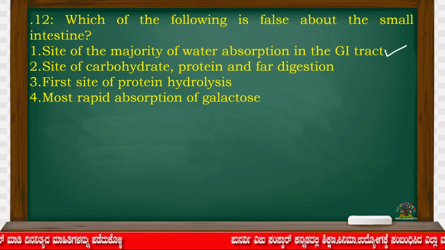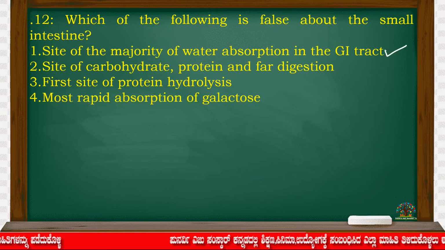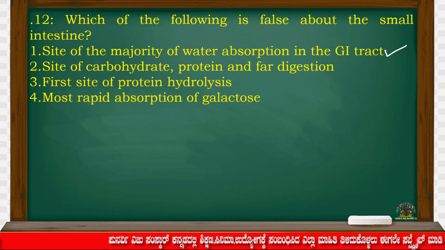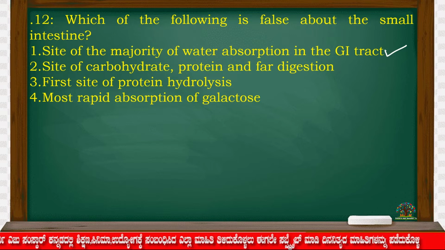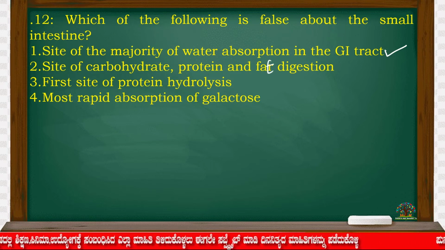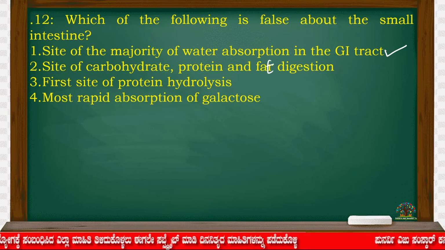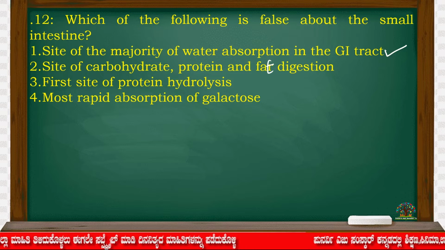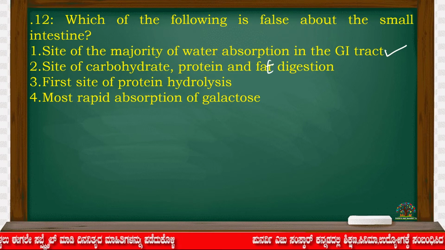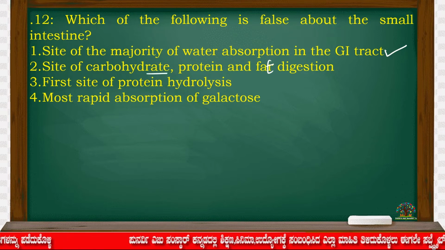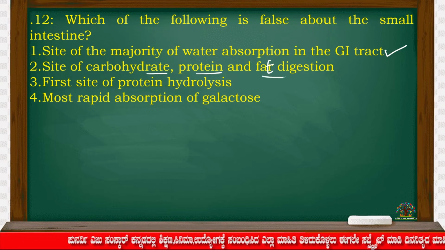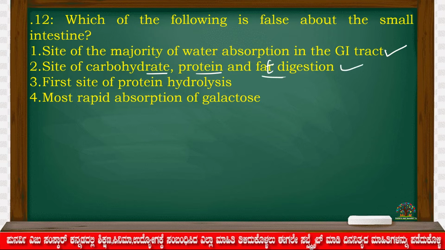It is the site of majority of reabsorption of the water that enters the digestive system. The second option, it is the site of carbohydrate, protein and fat digestion. The small intestine is the place where several hormones and enzymes are secreted, which aid in the digestion of carbohydrates, proteins and fats. Even this answer is absolutely correct.